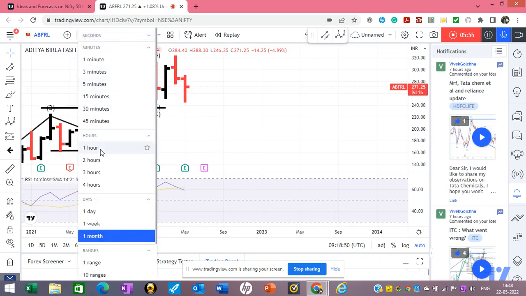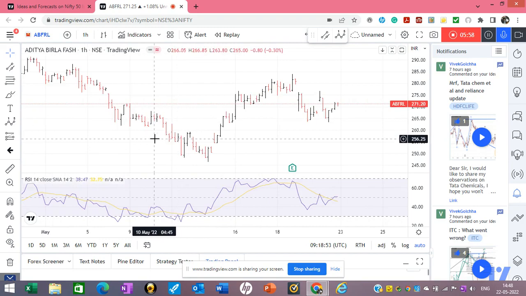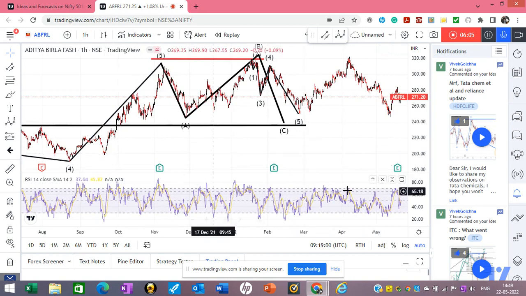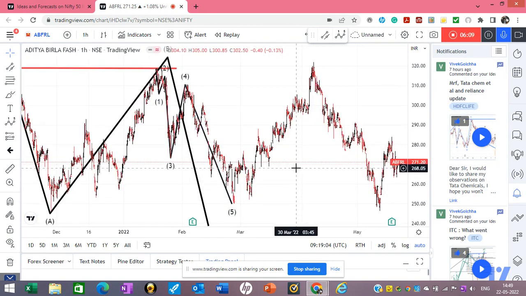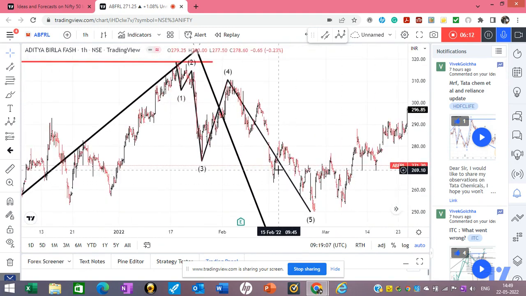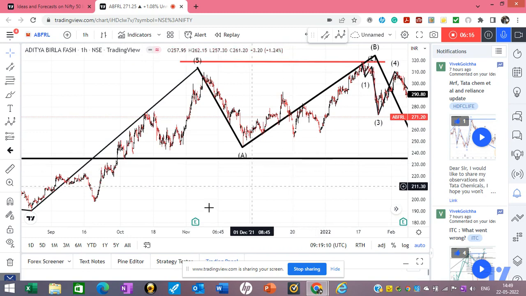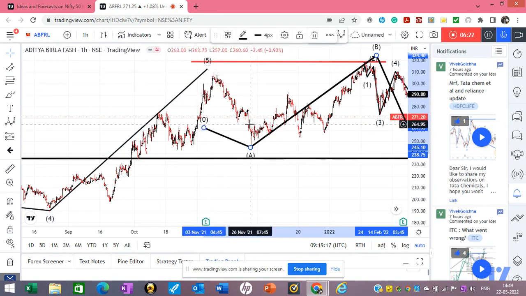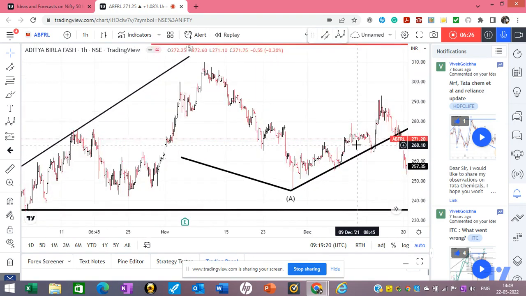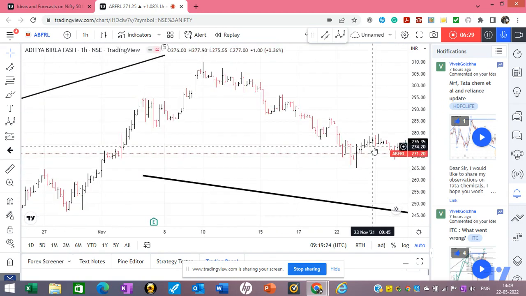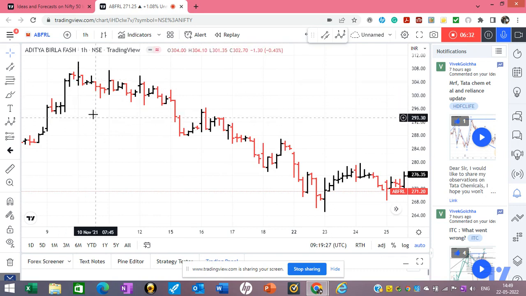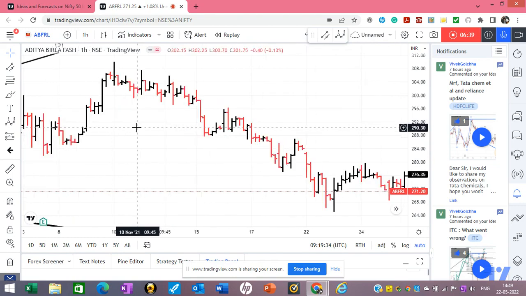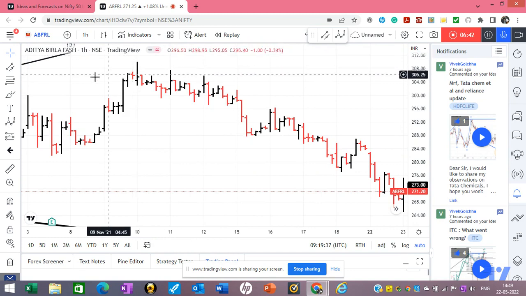Now this is a stock of Aditya Birla Fashion, and for the fifth wave, you see once the wave A starts, look at this pattern, A, B, C, D, and E. Look at this pattern. This is the start of wave A.